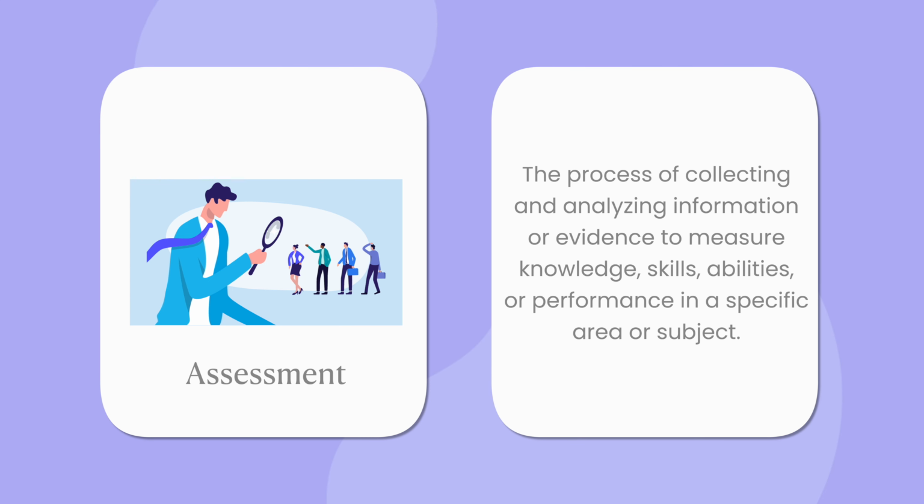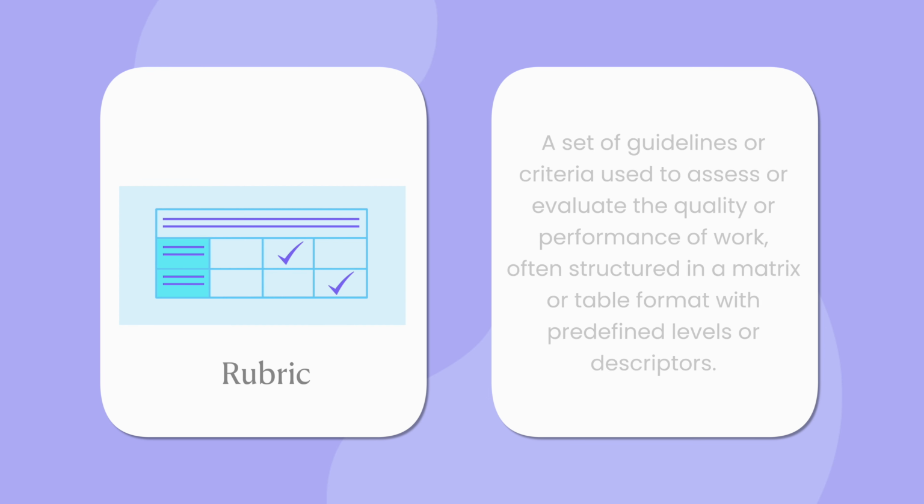The process of collecting and analyzing information or evidence to measure knowledge, skills, abilities, or performance in a specific area or subject. Rubric. A set of guidelines or criteria used to assess or evaluate the quality or performance of work, often structured in a matrix or table format with predefined levels or descriptors.